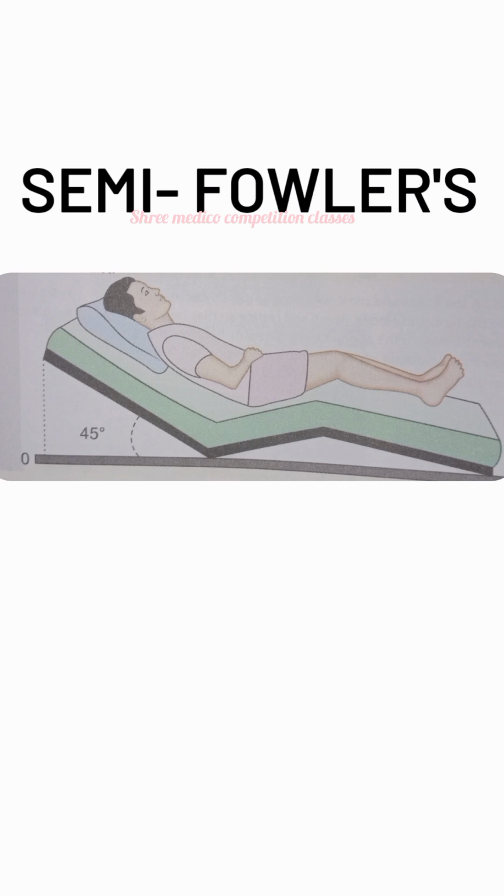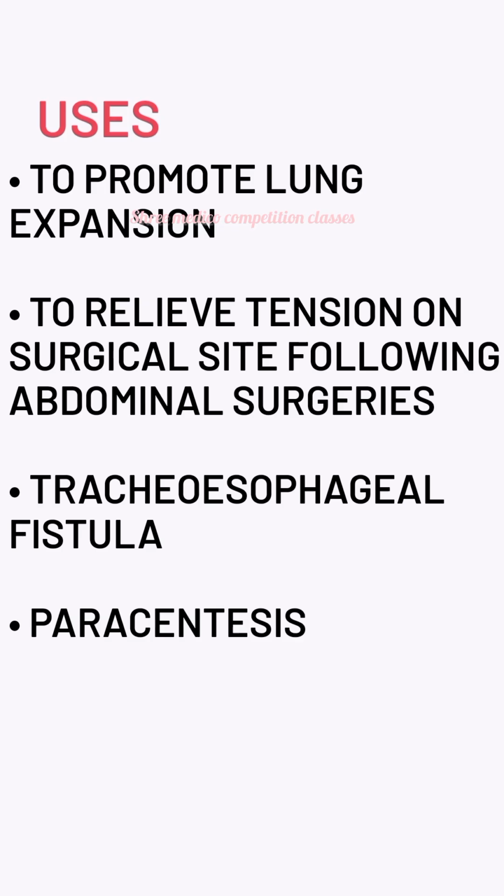If I talk about the uses or benefits of this position, it has a lot of benefits, like to promote lung expansion and to relieve tension on the surgical site following abdominal surgery. It is also beneficial in tracheoesophageal fistula, and also helpful in paracentesis.